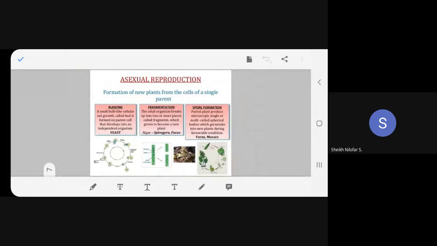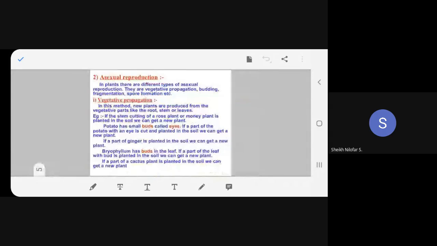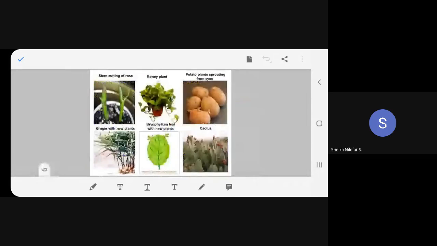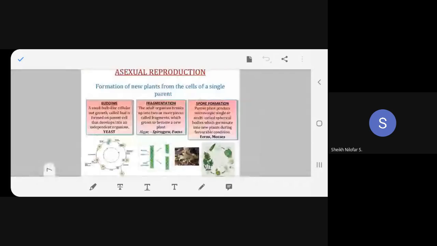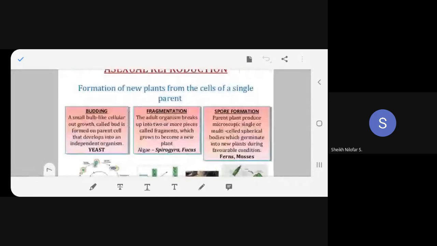Now we have done vegetative propagation. This is vegetative, right? Now we will do more types of asexual reproduction.